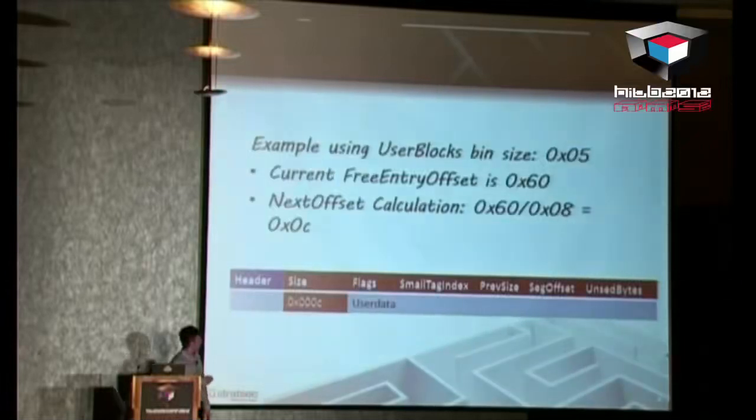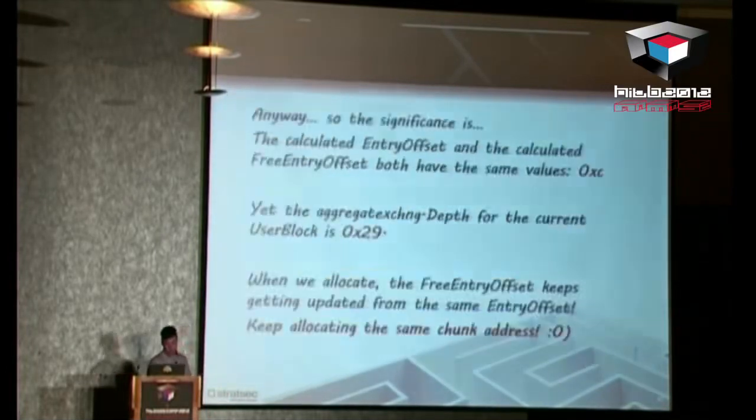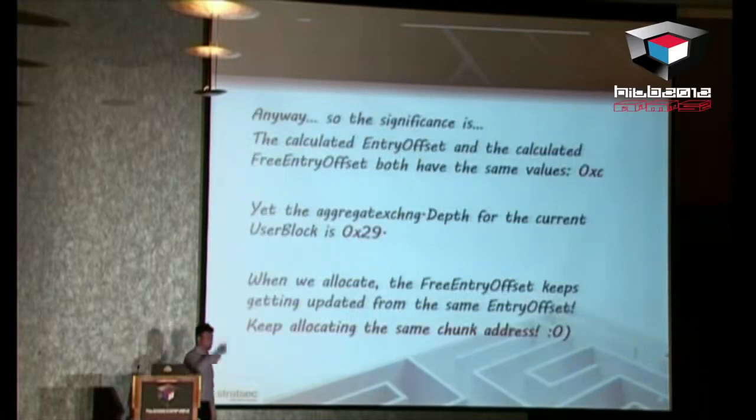Then you set the calculated next offset so that the free entry offset divided by that value gives the same value as the next offset. Those values will be matching, and when you cause the next allocation, it will just update the free entry offset to the same value.